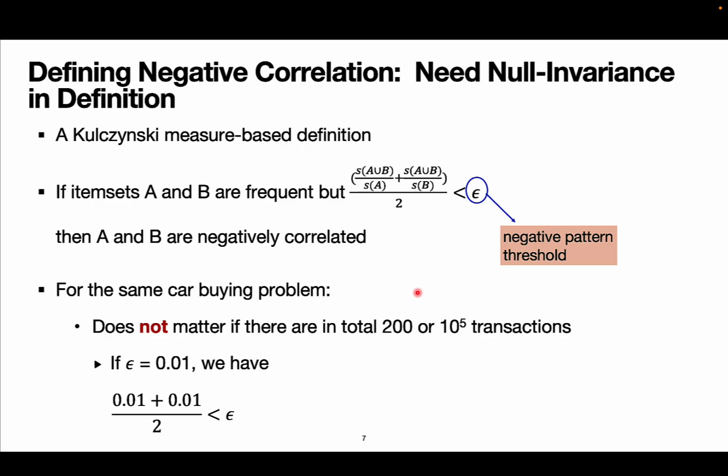Now we plug in the values from the previous example, and we show that under the Kulczynski measure, it remained a negative correlated pattern. So in summary, Kulczynski is invariant to large number of uncorrelated transactions, and it better captures how rare is the co-occurrence of patterns.